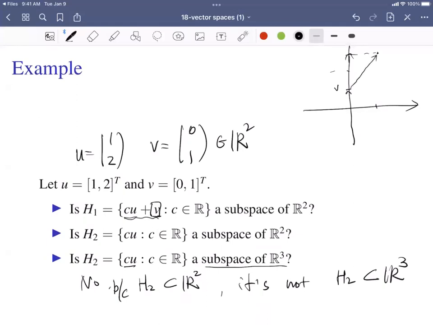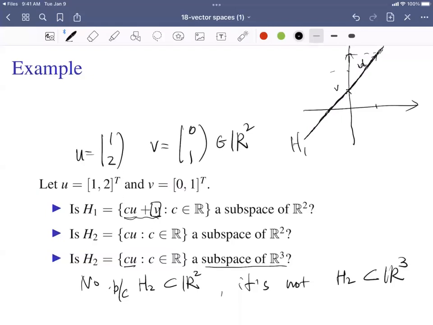This is one step in U, but because C steps in U means you can walk over any point on this line. So this is H1. There's no end. If you go along this line, you're always on the line.